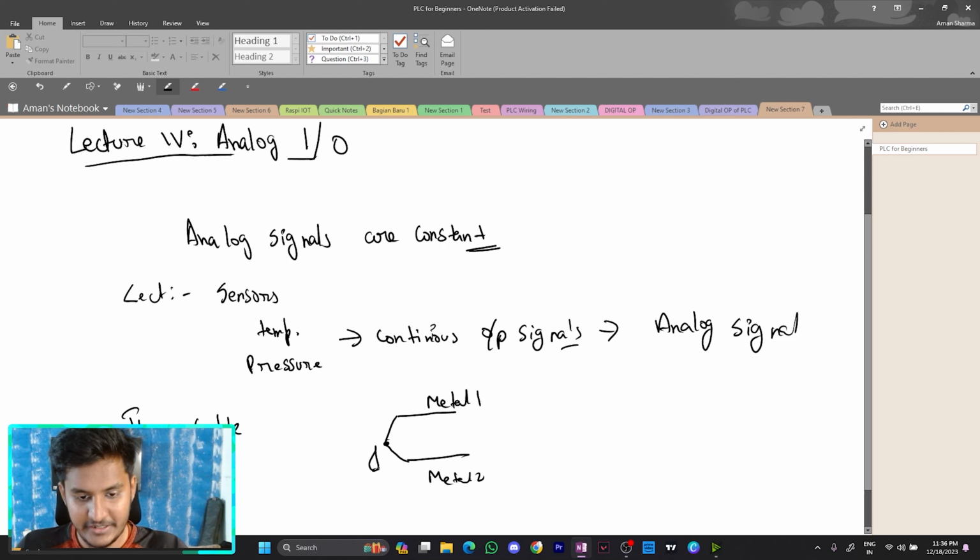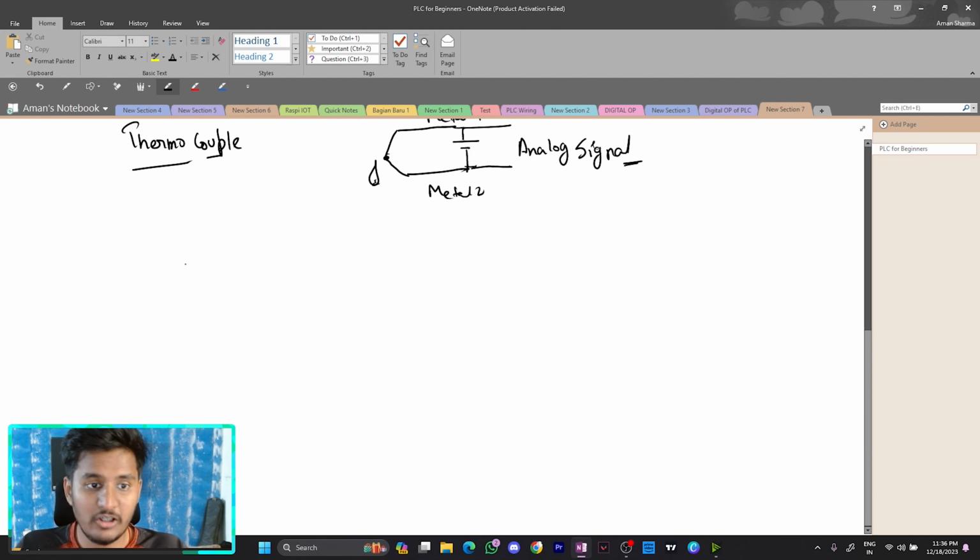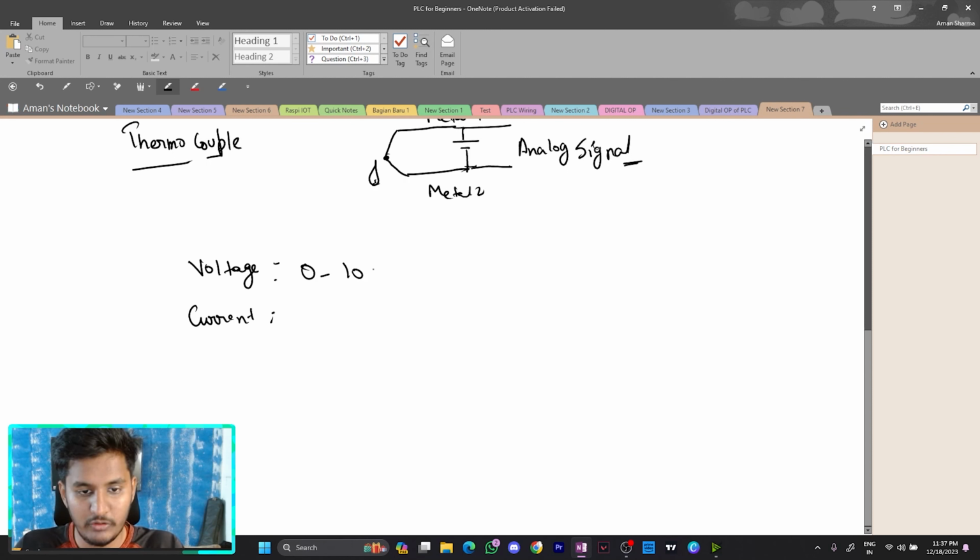When it is heated, a voltage difference is created, and this voltage difference is our analog signal. The analog signal can be a voltage type or a current type. Generally, there is a wide range we can get the signals, but in most cases the range for voltage is 0 to 10 volt and current is 4 to 20 milliampere.